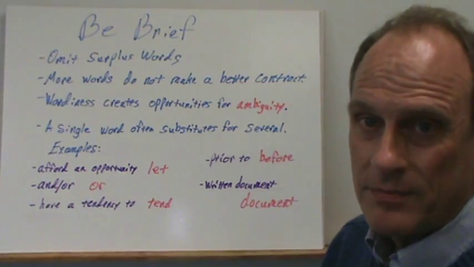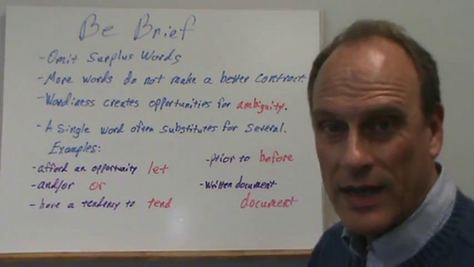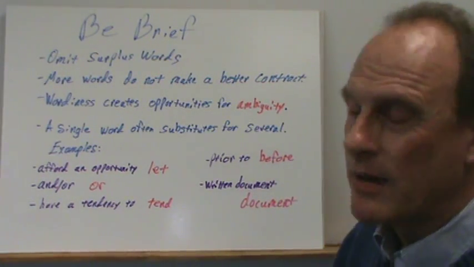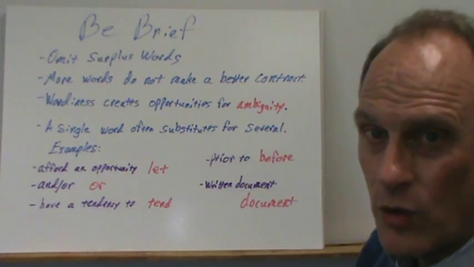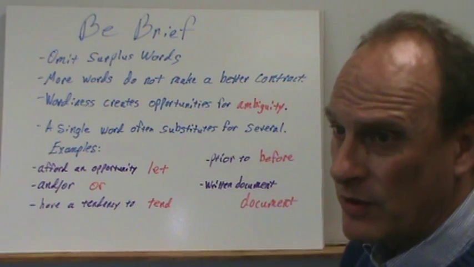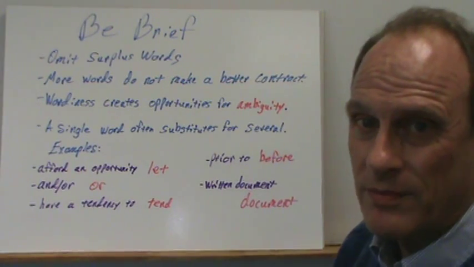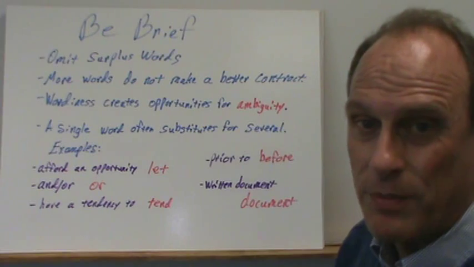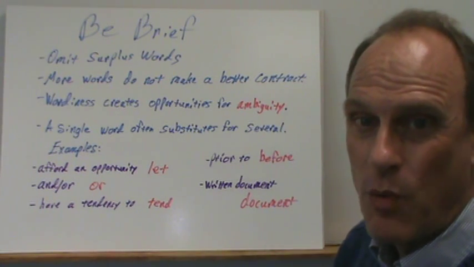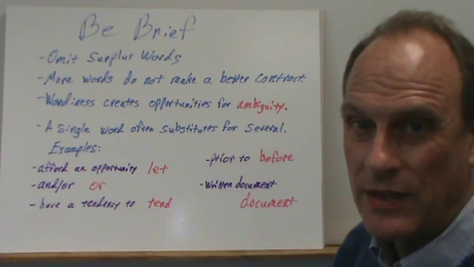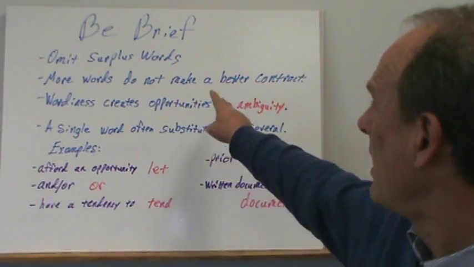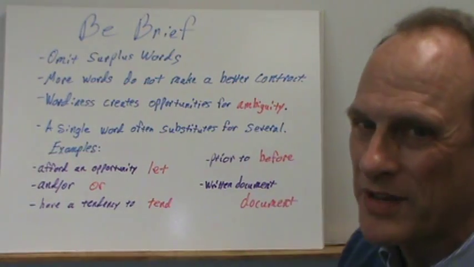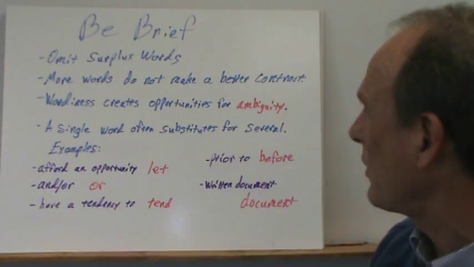Whenever you're writing, contracts being no exception, you want to be brief. We want to omit surplus words. Lawyers, and maybe it's contagious to paralegals, frequently use more words than we really need. Just because you're using more words doesn't mean you're getting a better contract.